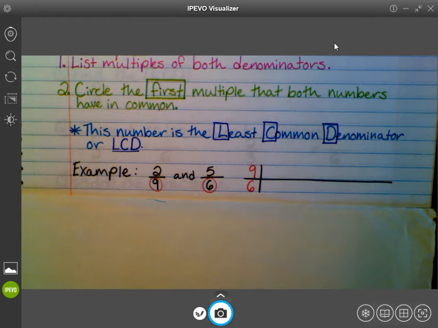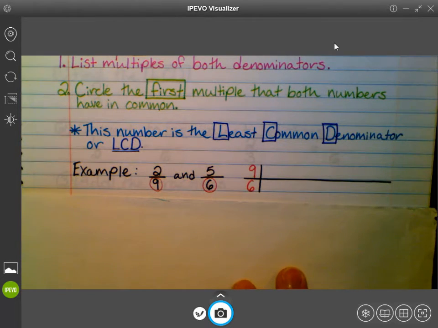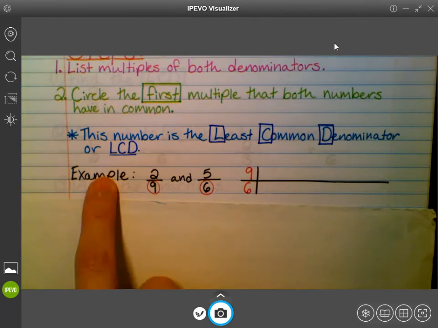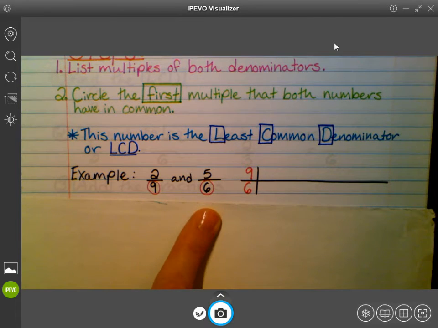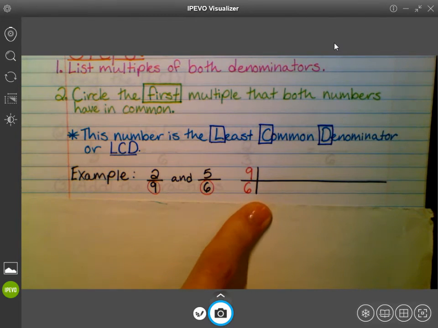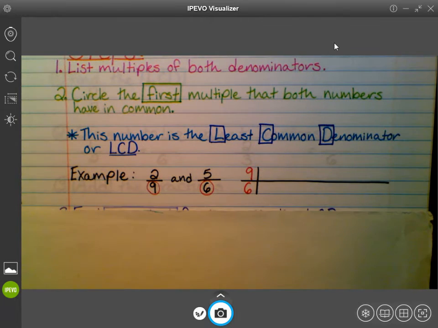You'll notice I have a deconstructed kind of chart to the right that has a 9 and a 6. This is where we're going to be listing those multiples in a moment. So write down for now, example, 2/9 and 5/6, and then set up the area where we're going to be writing those multiples.